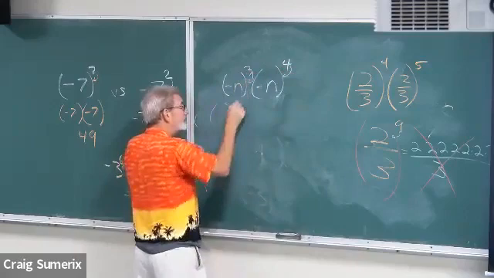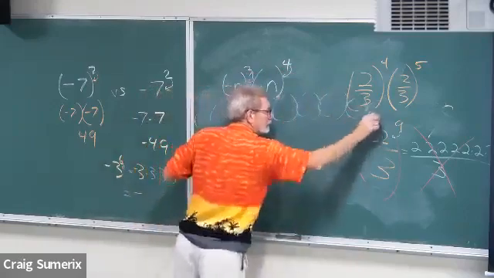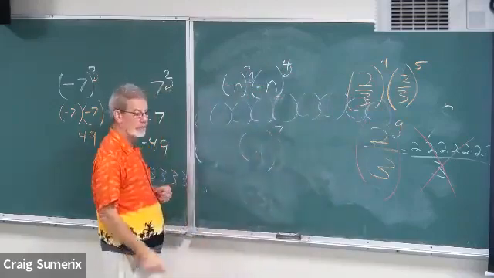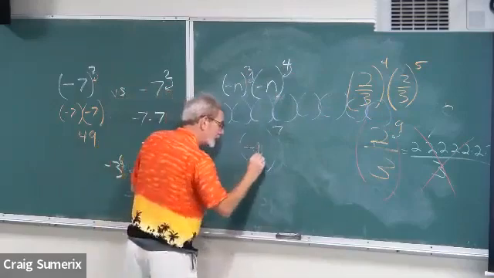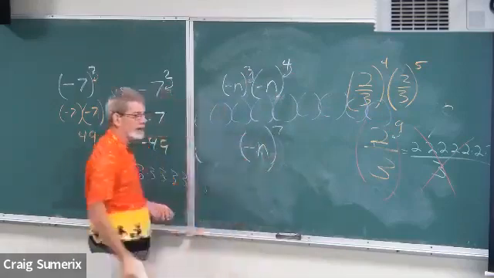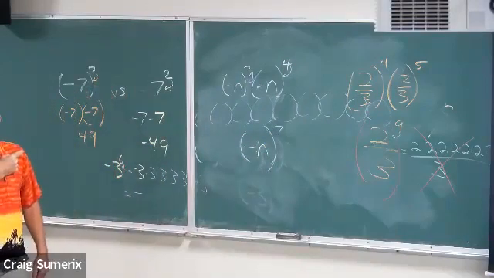So I'm gonna have 7 sets of parentheses. Now don't overthink this and go, well, wait a minute, 7 negatives is a negative. Do you know what n is? What if n was a negative number?